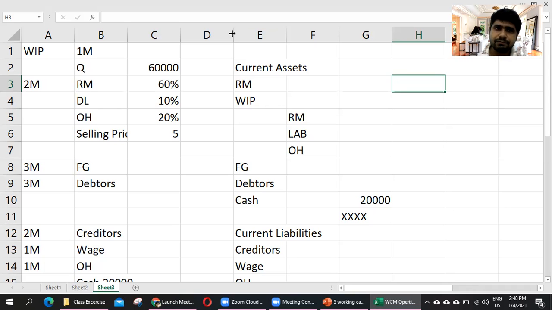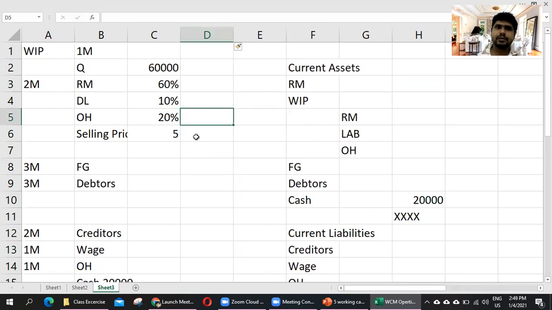Before that, we have to do some working. Here we don't know how much the raw material cost is, but we know the selling price. The selling price equals 5 rupees. The information provided is that 60% of selling price equals raw material. Then how much is raw material? Selling price into 60%.